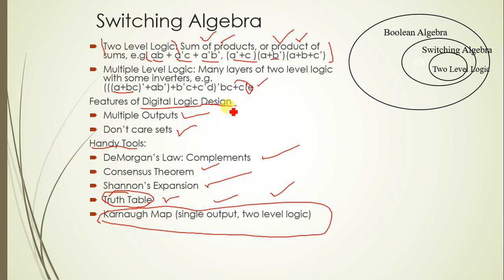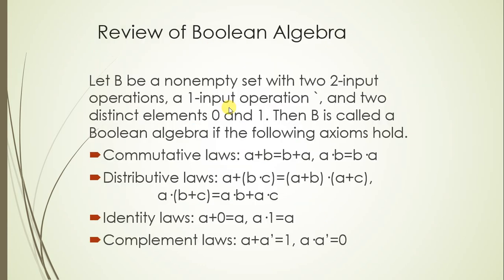Coming to the next one, there are certain rules which any Boolean logic or Boolean algebra has to abide by. These are called axioms. An axiom is a statement or proposition which is regarded as being established.